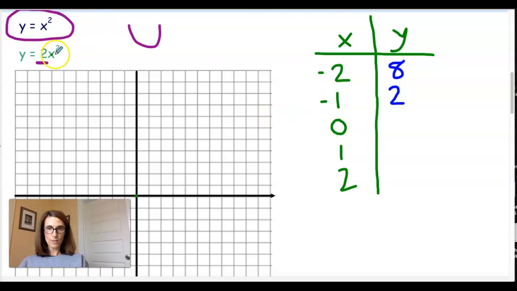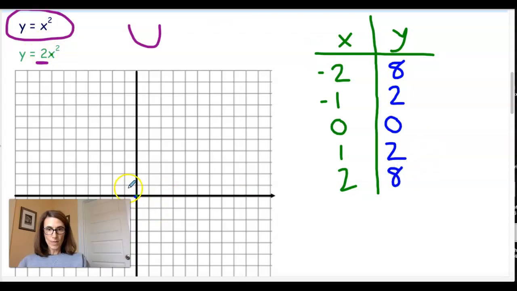We plug 0 in over here, we're going to get 0. We already know our graph is going to go through that point 0, 0. If we plug 1 in, we get 1 squared, which is 1, times 2 is 2. And then again, plug 2 in, 2 squared is 4, times 2 is 8.